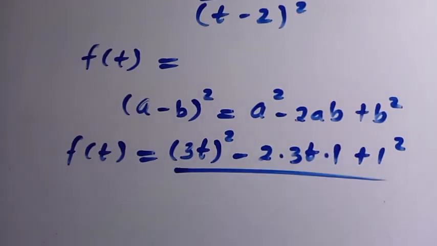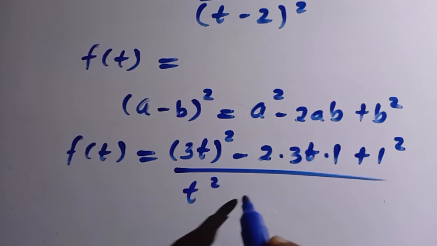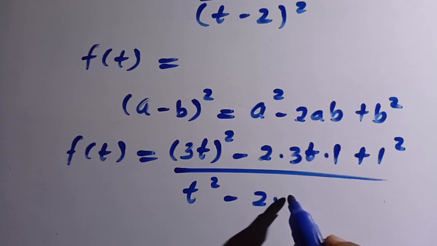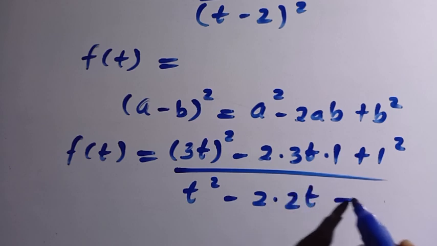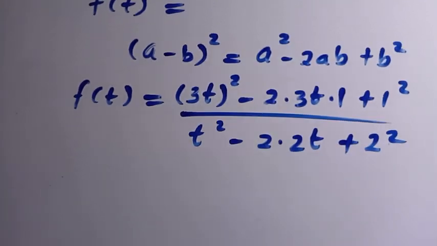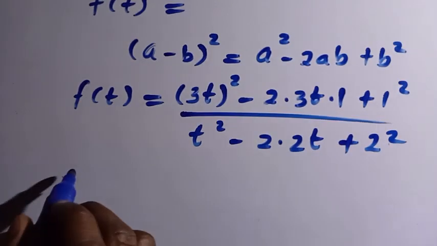everything divided by t squared minus 2 multiplied by 2t plus 2 squared. That is what we are going to have for this expansion.